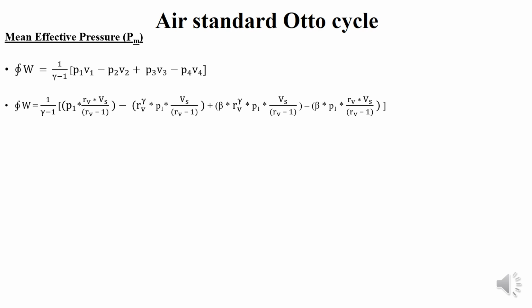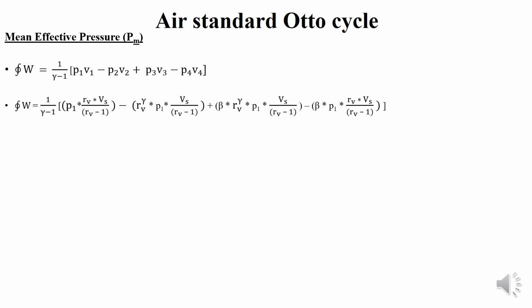P1 is common, Vs is common, and RV is common, so this common term is taken outside. Here it will become 1, then minus RV gamma minus 1, plus the third term, where beta is not common, RV taken outside, RV gamma minus 1, and minus once again beta.